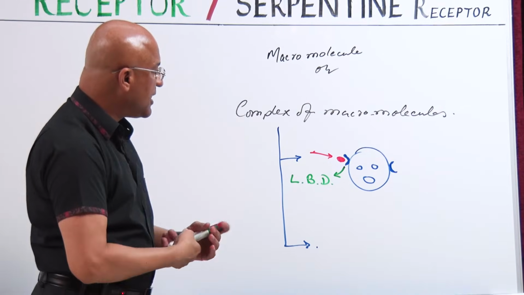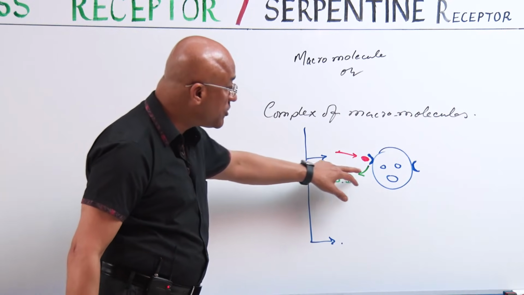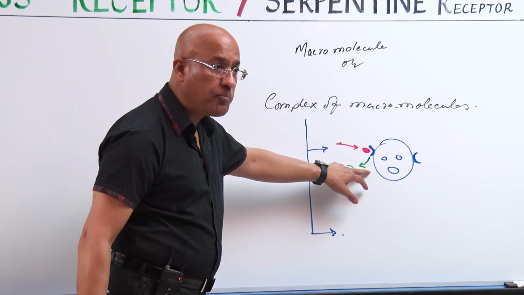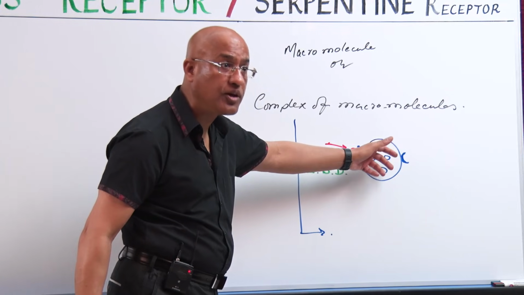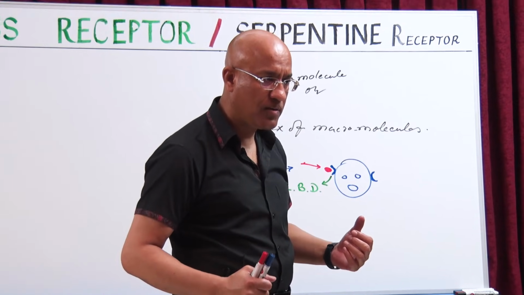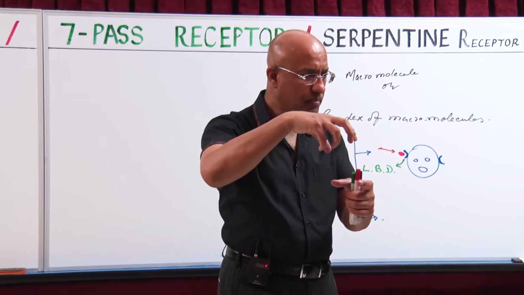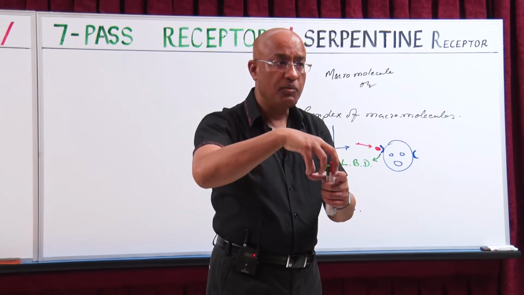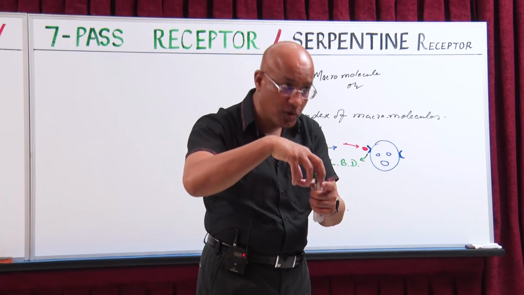How do we define ligand? A ligand is a substance which binds with the receptor and brings a structural and functional change in the receptor to produce some biological response. A ligand is the substance which binds with the receptor. Where does it bind?